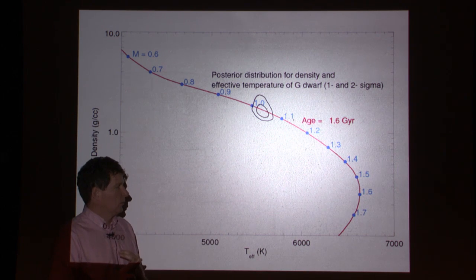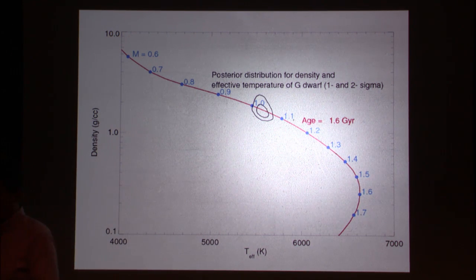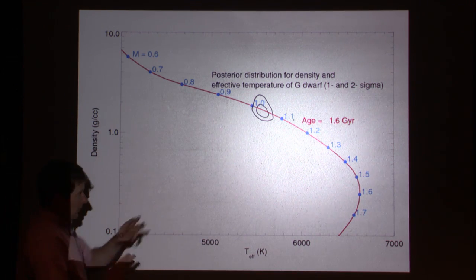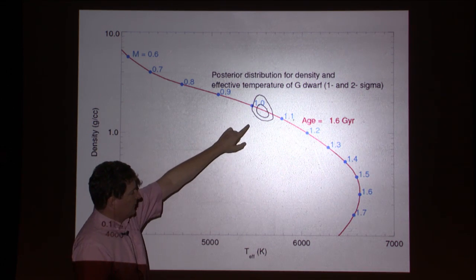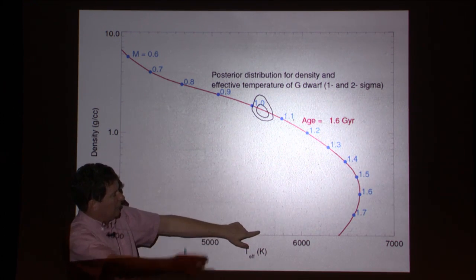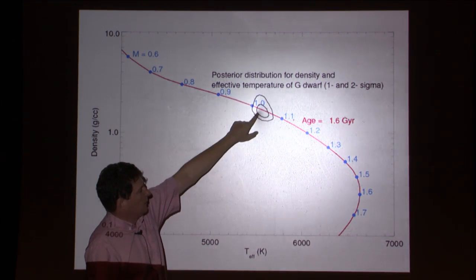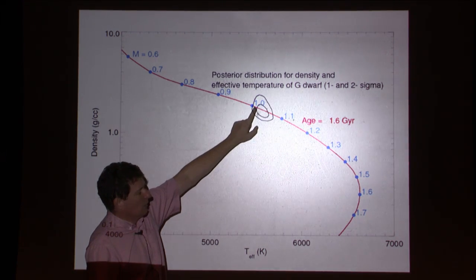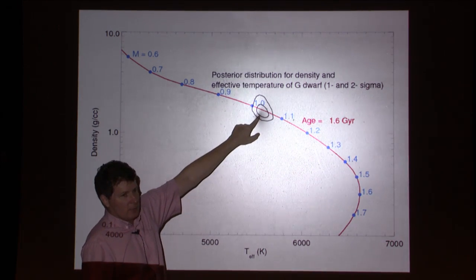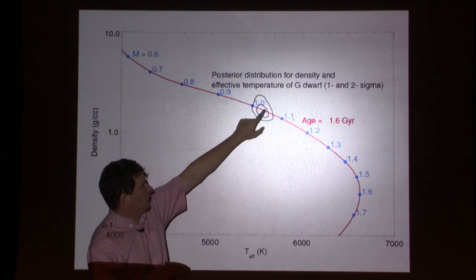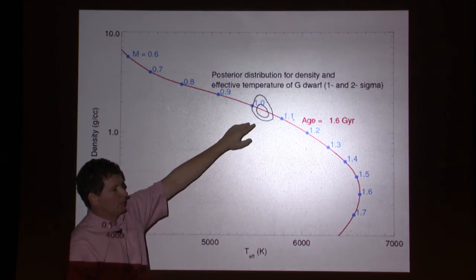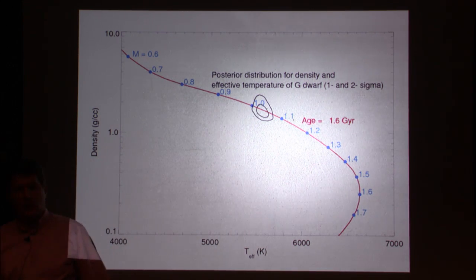And then from the main sequence and red giant age of that progenitor, I get the total age of the system. So with the total age of the system, and with the effective temperature of the G dwarf from its SED, I can pin down its density. With its density, then it turns out I can measure the impact parameter of the white dwarf. So that gives me these 1 and 2 sigma confidence limits on the properties of the G dwarf. Yeah, Tim.